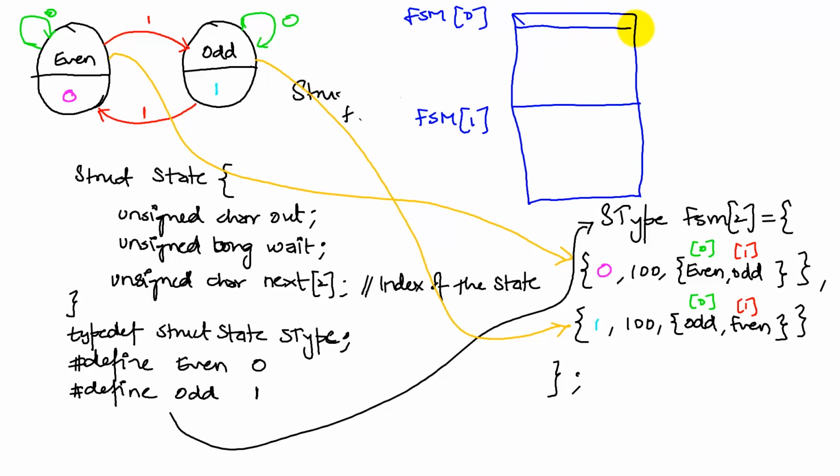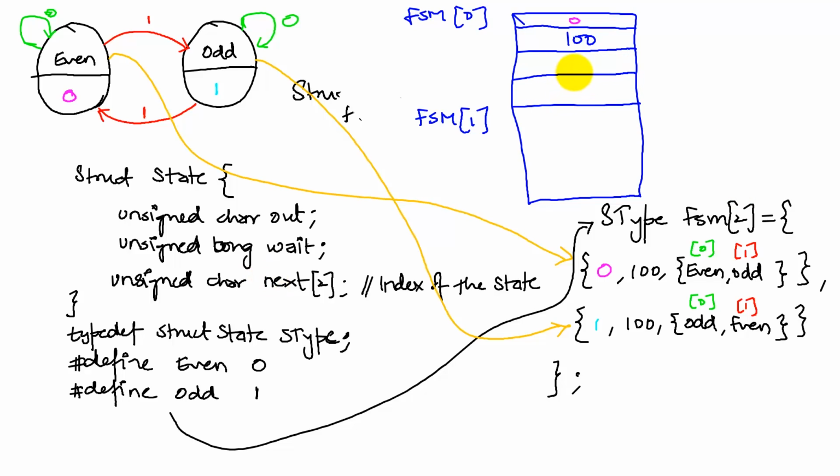What I see here is a value of 0 and a value of 100. This is one character. This is a long, so it's going to be 4 bytes. And then I have an array of 2 locations, which are both characters.